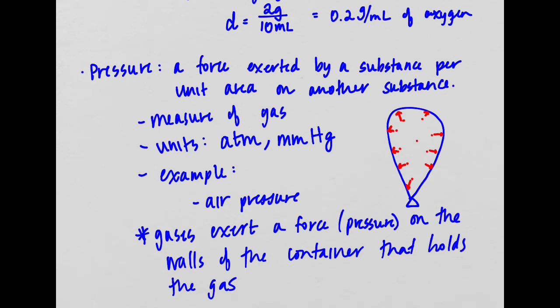Remember that it's a force exerted by a substance per unit area of another substance, and that actually makes sense because remember, pressure is equal to force divided by area. It's a measure of gas, and mostly only gas. We will use units of atmospheres, millimeters of mercury, pascals, and kilopascals. Those are all units of pressure.